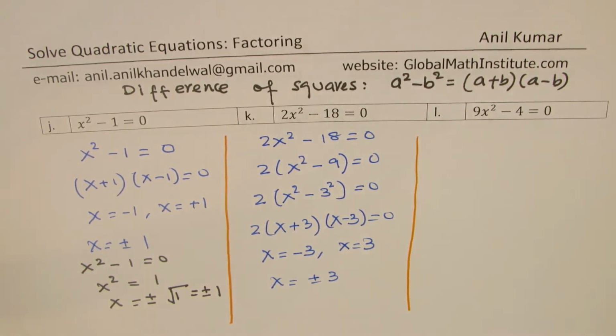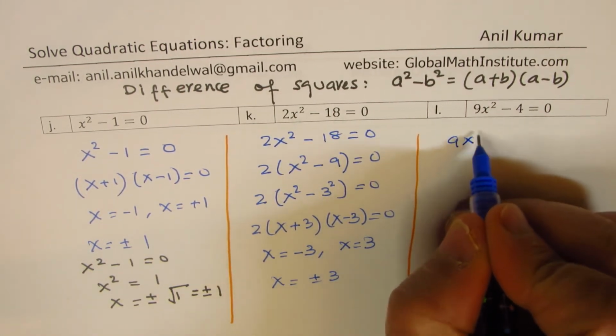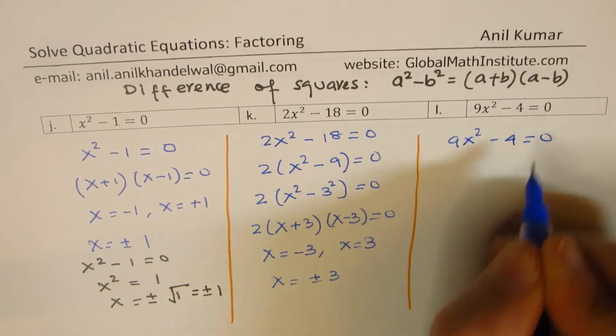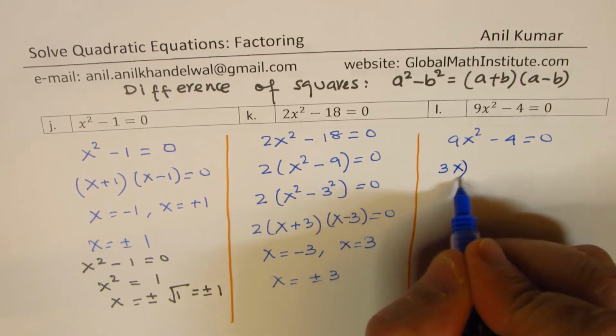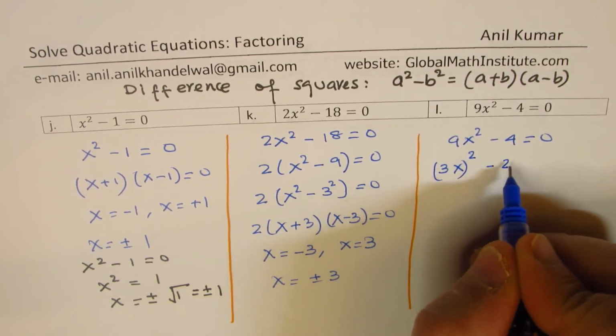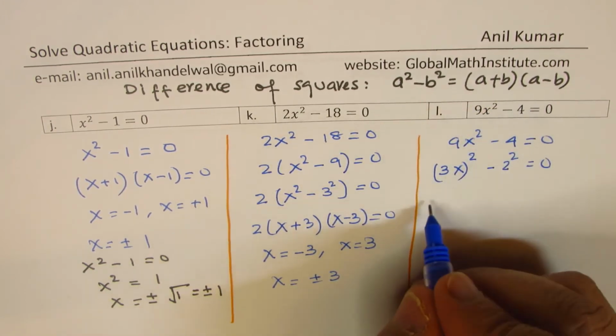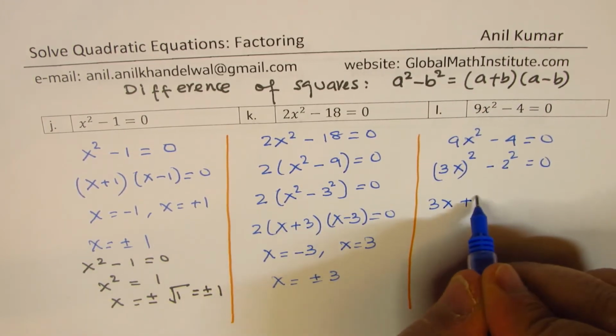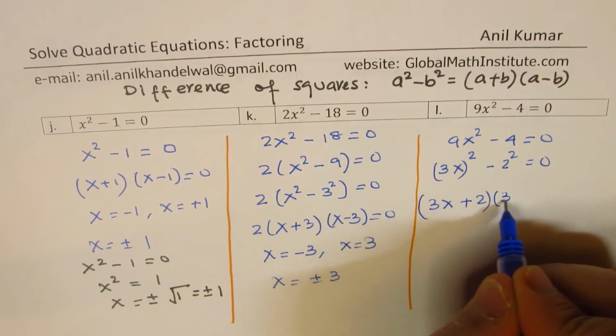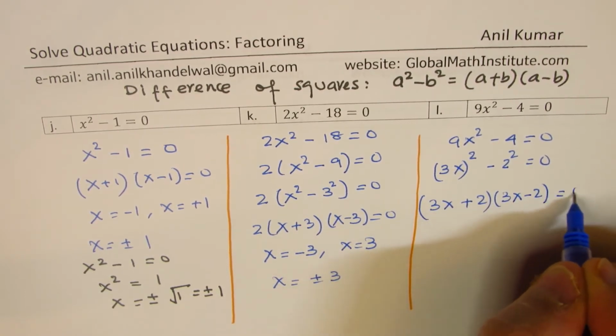Next question here is 9x squared minus 4 equals to 0. 9x squared is 3x whole square, and that is 2 square. So again, this is difference of square, and we could factor this as 3x plus 2 times 3x minus 2 equals to 0.